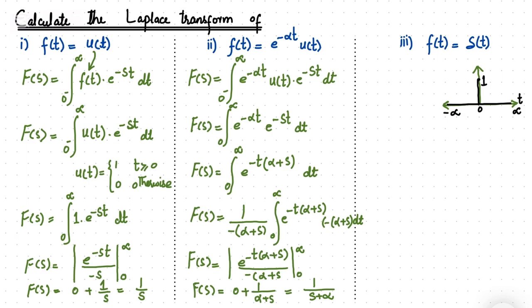When we calculate the Laplace transform of this function, we need to substitute f of t in this formula. So our F of s would be the integration from 0 minus to infinity of f of t, where f of t is the impulse, into e raised to power minus st dt.